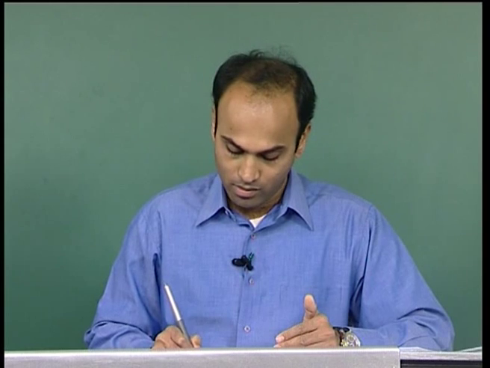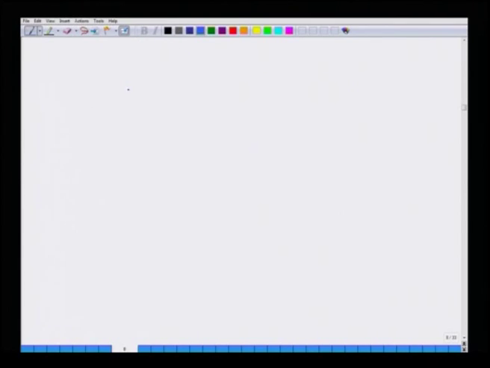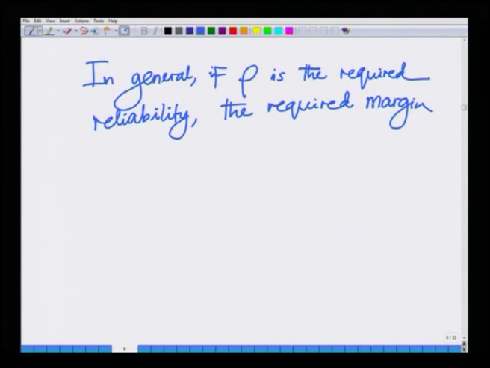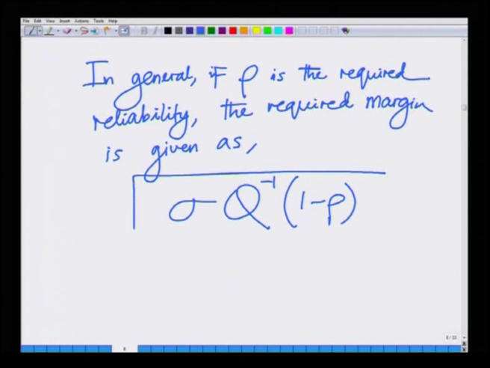And in terms of reliability, the margin required in general, if rho is the required or desired reliability, the desired margin is given as sigma times Q inverse of 1 minus rho.